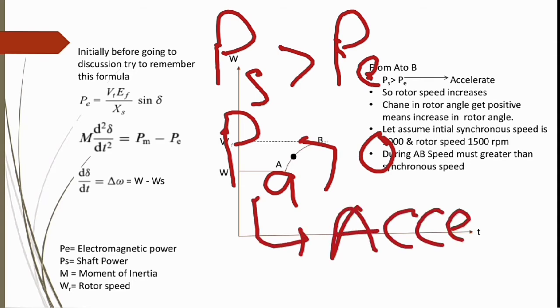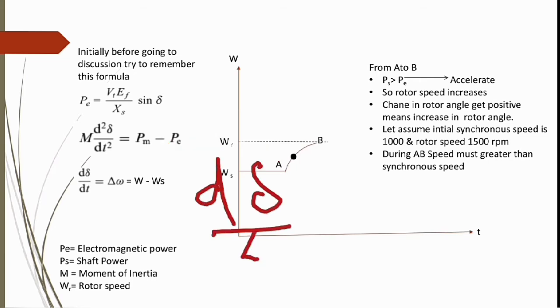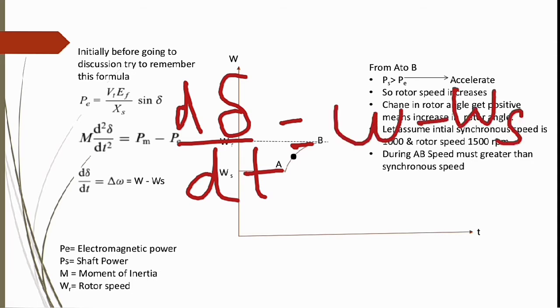If it accelerates, then omega, the rotor velocity, should increase. We know d delta upon dt equal to omega minus omega s.